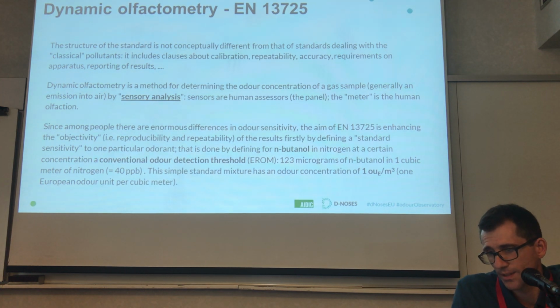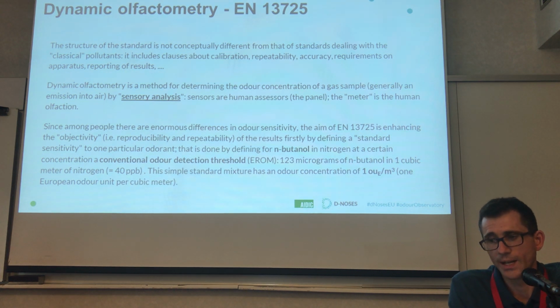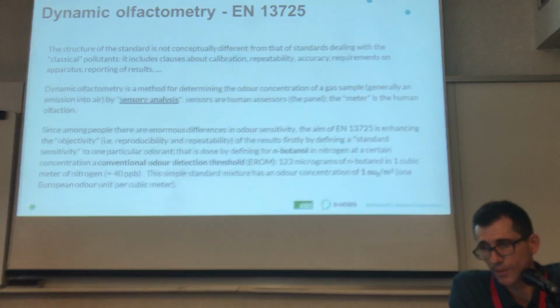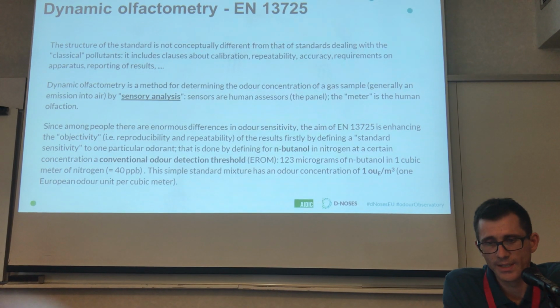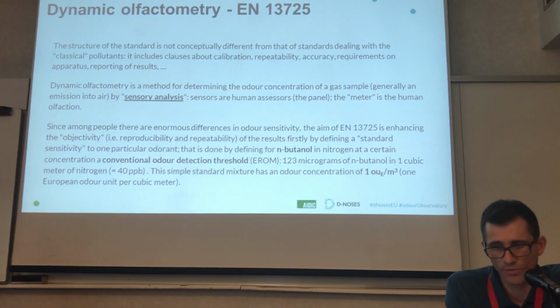This threshold is defined with the value of 123 microgram of N-butanol in 1 cubic meter of nitrogen, that is 40 ppb.